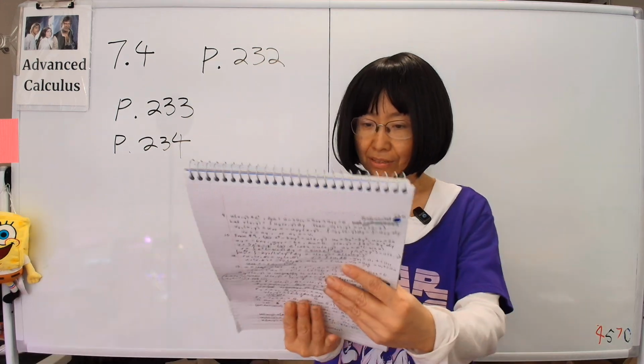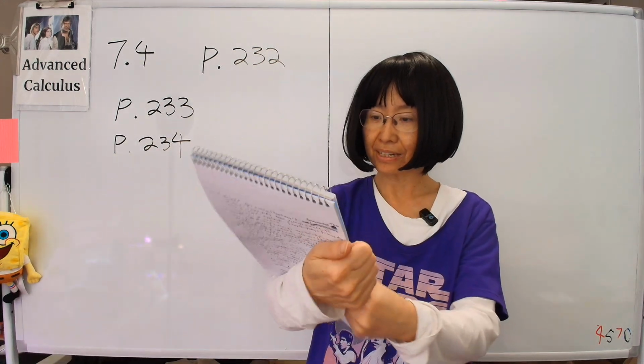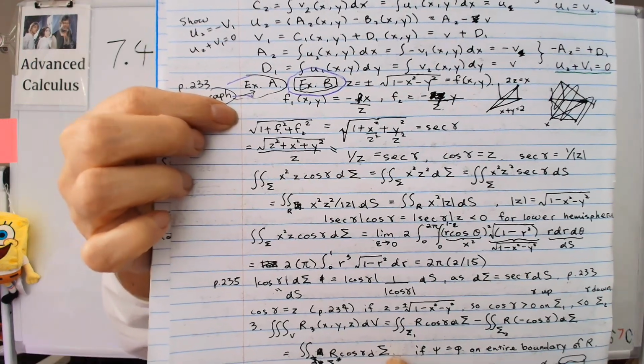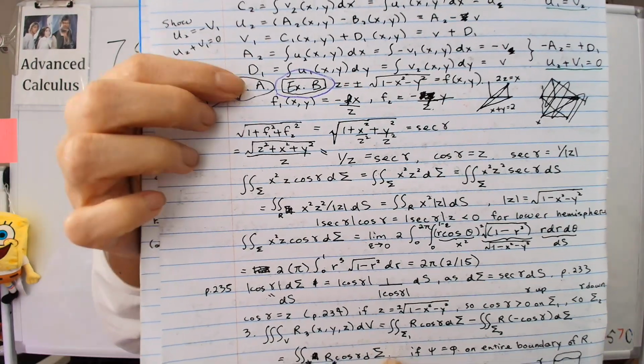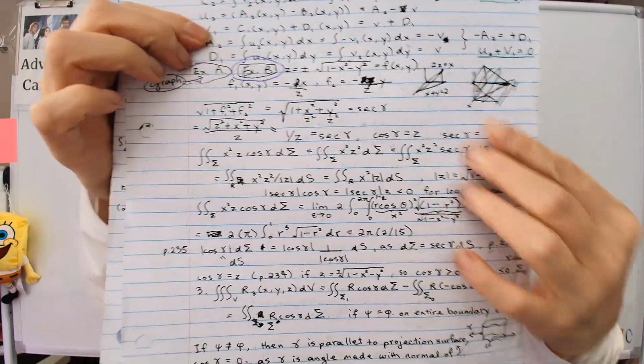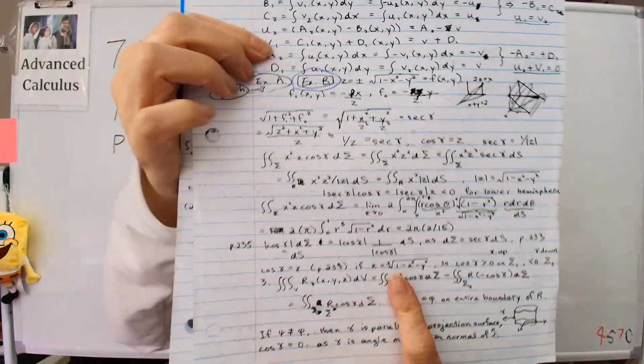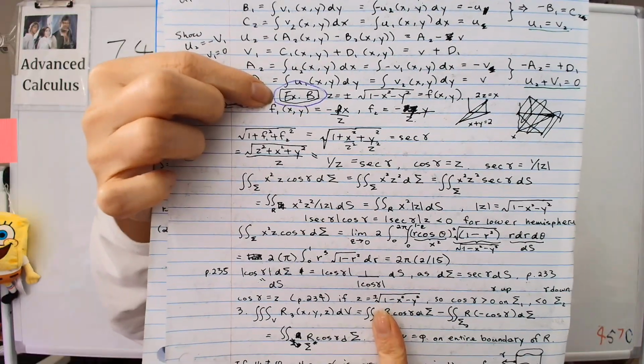We need to calculate this specifically. The radical here, the square root of 1 plus f1 squared plus f2 squared. After some cranking of calculations, you will figure out what z is, plus or minus the square root of something.